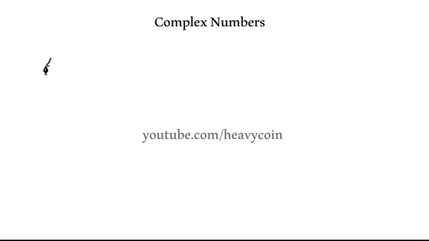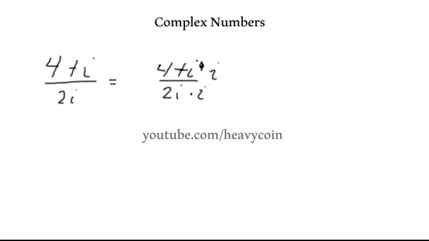Anyway, let's see, what do we got going on next? How about 4 plus i over 2i? This can be broken up, but instead we're going to multiply the bottom by i and the top by i, just like we did in the last problem. So you distribute this i across, and you get 4i plus i squared over 2 times i squared.